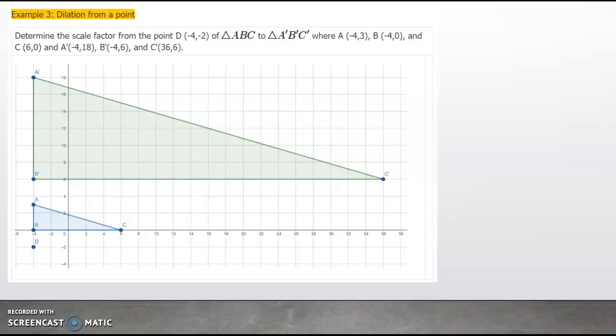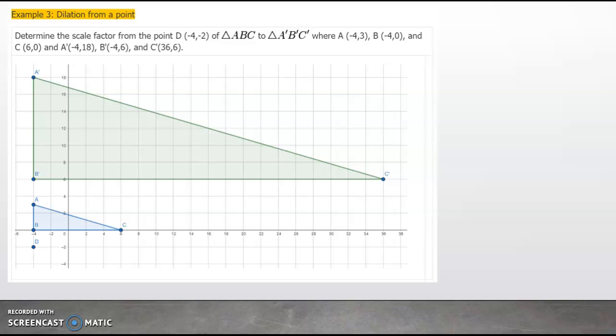The other part of this lesson is being able to determine the scale factor from a point to your triangles or to your figures. So what we're going to do is determine the scale factor from point D of triangle ABC to our dilated triangle A prime, B prime, C prime. First, we're going to compare the distances between 2 points.